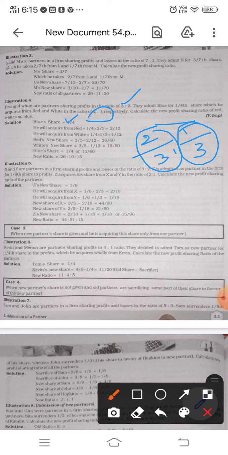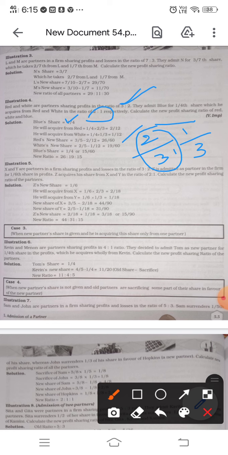So Red's new share: the old share is 3/5. In this he is sacrificing 2/12.